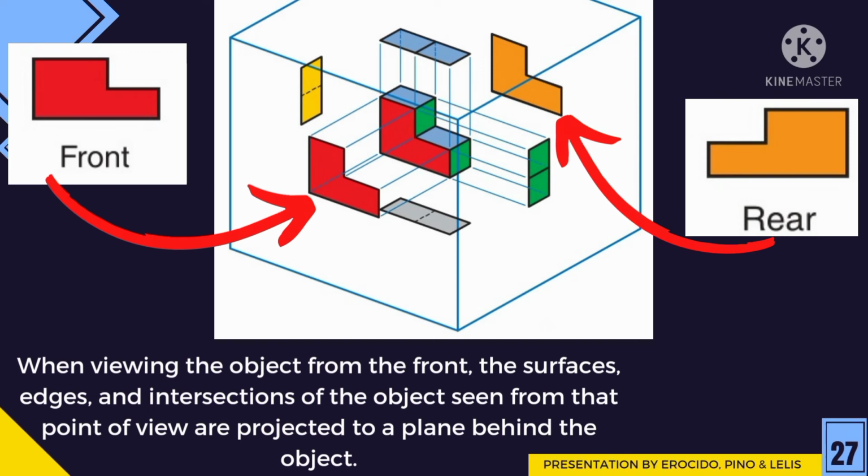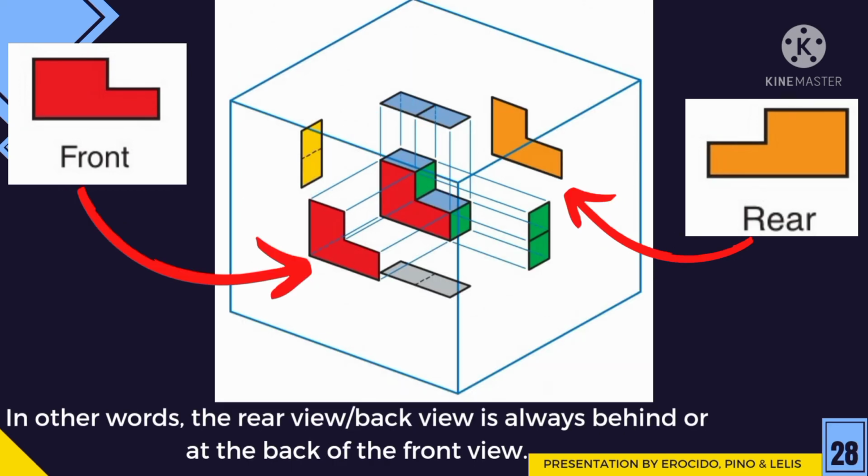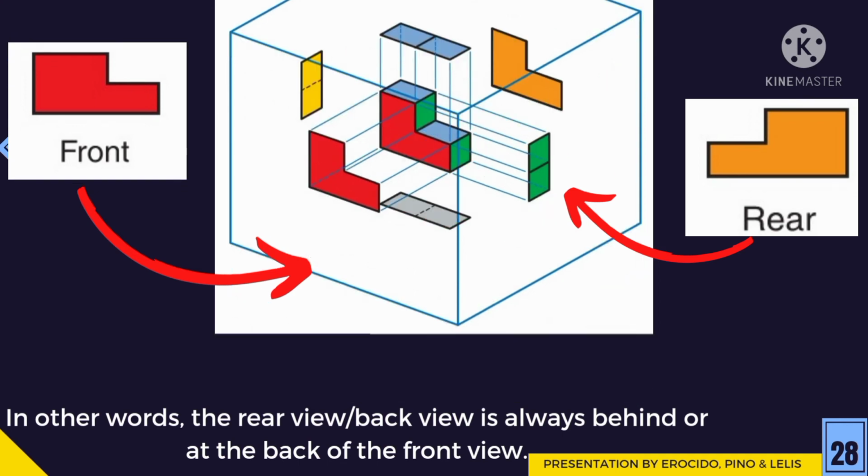When viewing the object from the front, the surfaces, the edges, and the intersections of the object seen from that point of view are projected to a plane behind the object. In other words, the rear view or the back view is always behind the front view.